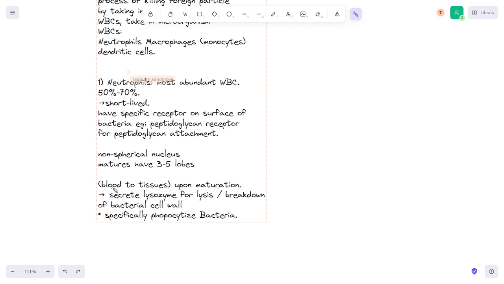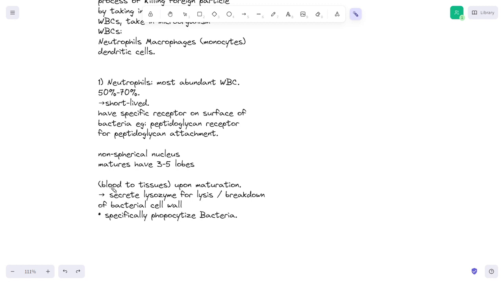Upon maturation, these neutrophils migrate from blood to the tissues, and when they reach the tissue, they prevent some more bacteria and become dead, and the collection of dead neutrophils is called pus.